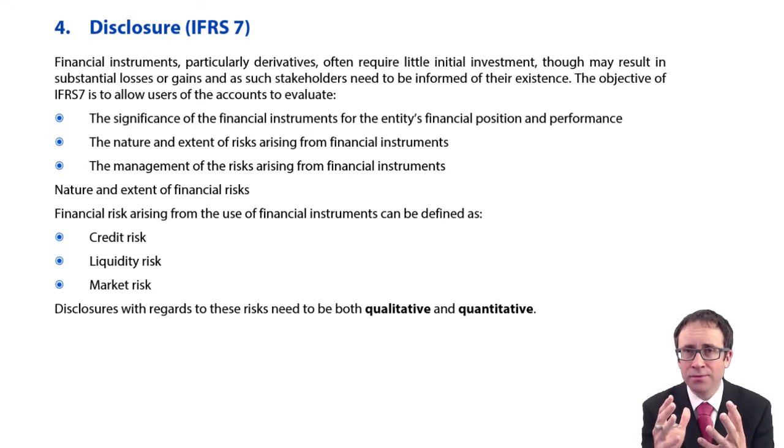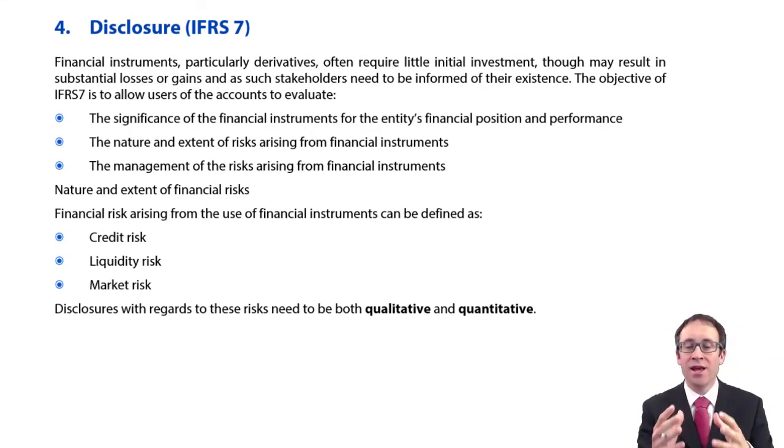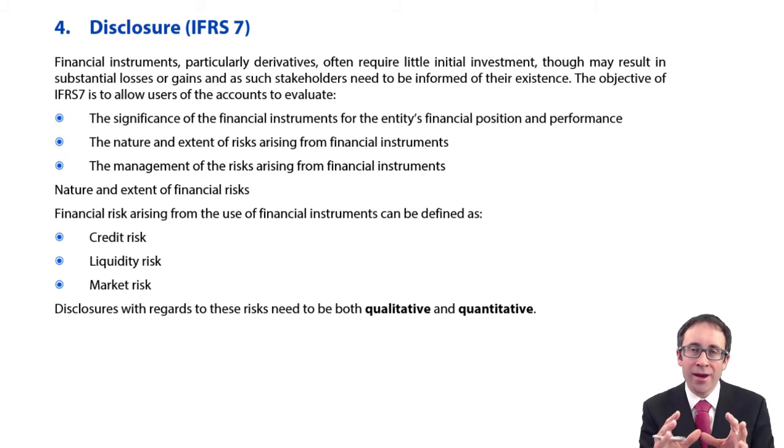And because there's a lot going on, the users of the accounts need a little bit more detail to aid their understanding. And that's where we have a separate standard just on the disclosure for your financial instruments. There aren't many separate standards purely about disclosure of an accounting standard, but because financial instruments is so large, so complex, so important to a business, we need to go through there and have additional disclosure.